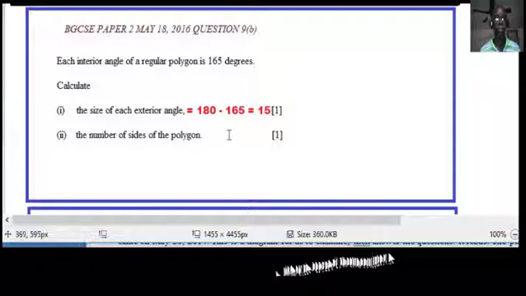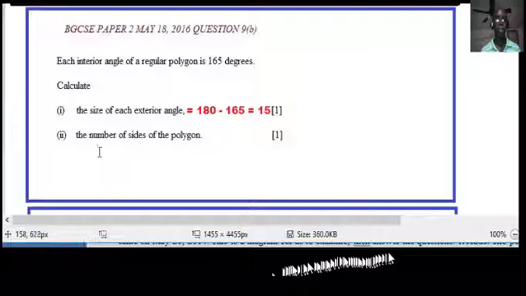The second part requires you to calculate the number of sides of the polygon. One key fact you need to remember in order to answer this part of the problem is that the sum of exterior angles of any polygon equals 360 degrees.